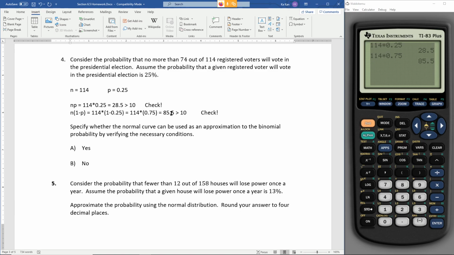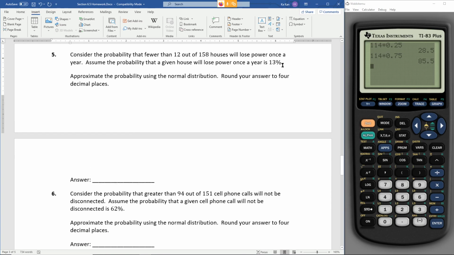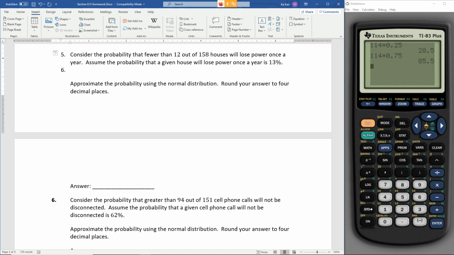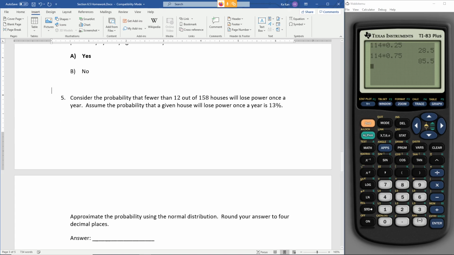Check. So since they're both yes, then yes, it is appropriate to use the normal curve to approximate this distribution. Basically, your number is big enough on both sides, on the success side and the failure side, for you to use the normal distribution. And now for number 5, let's check this out. So first, we have to consider, should we use the normal curve first, right? So let's say, actually let me move this down.